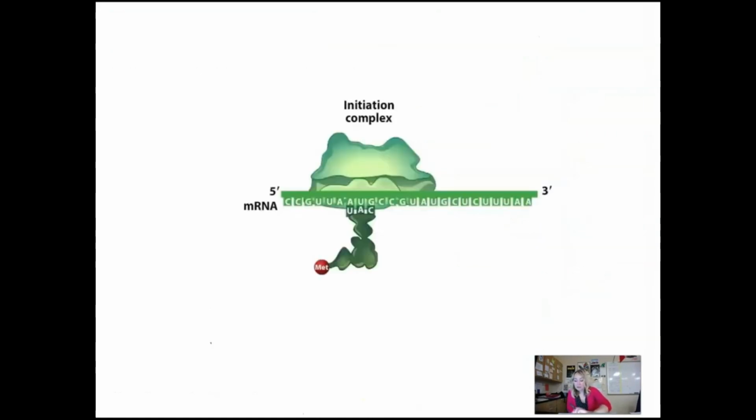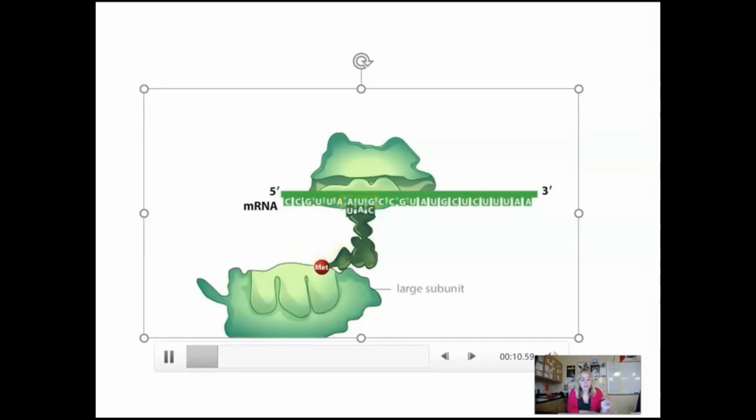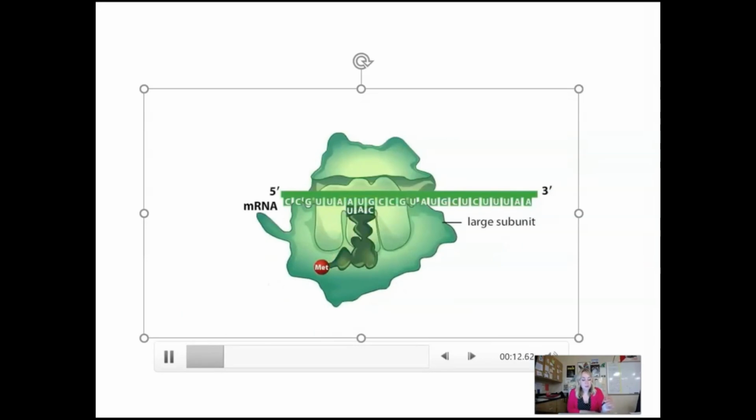Okay, so let me see if I can pull this up really quickly and let you visualize what I have just discussed as far as elongation. So here we have the complex that has already been formed. First amino acid delivered to the scene, which is methionine because of the AUG codon. The large ribosomal subunit binds, forms a large complex that's ready to do translation, and we have all the sites available.